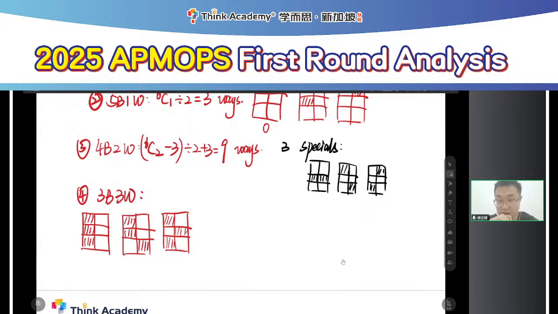So then the problem is, let's see about this thing. Are these two the same or different? Are these two the same or different?